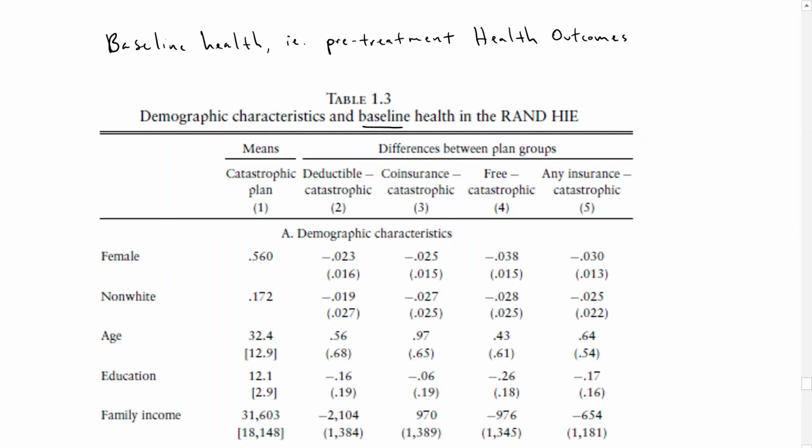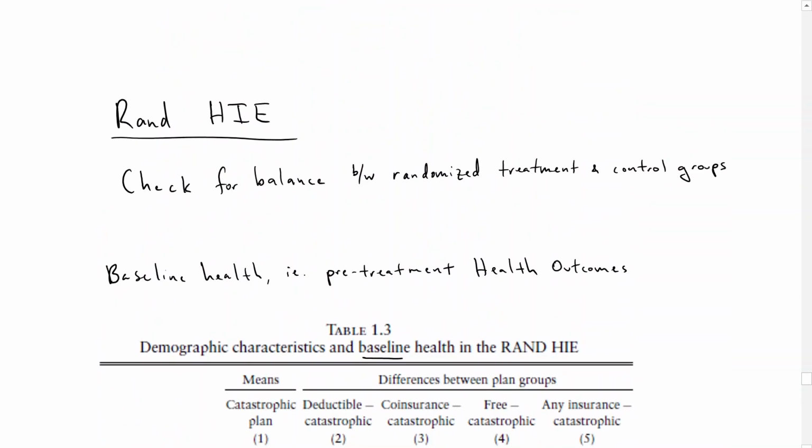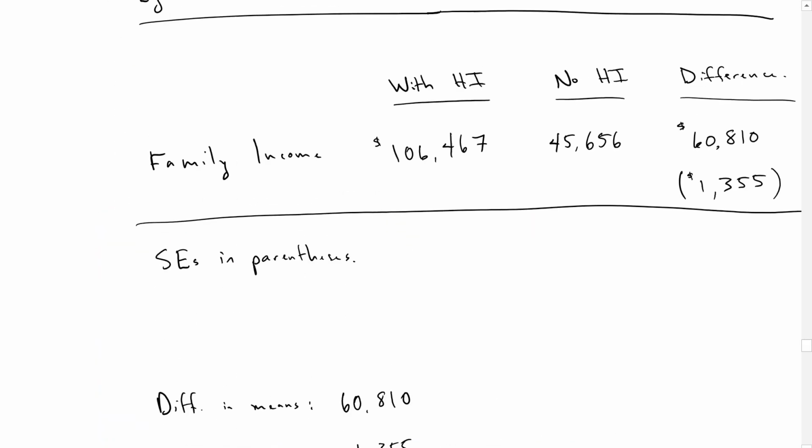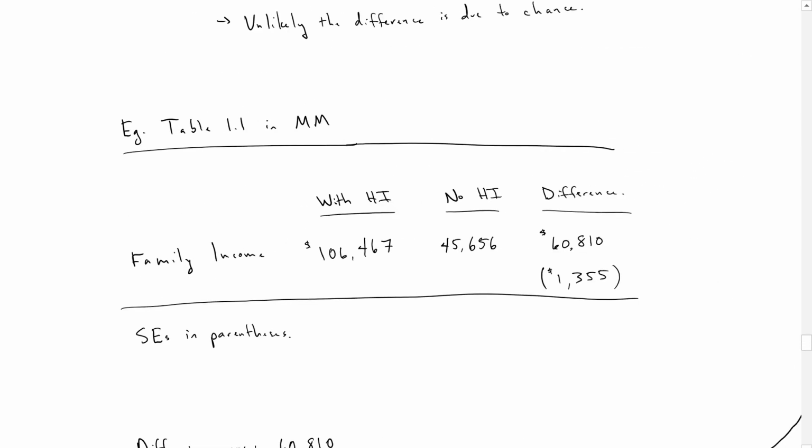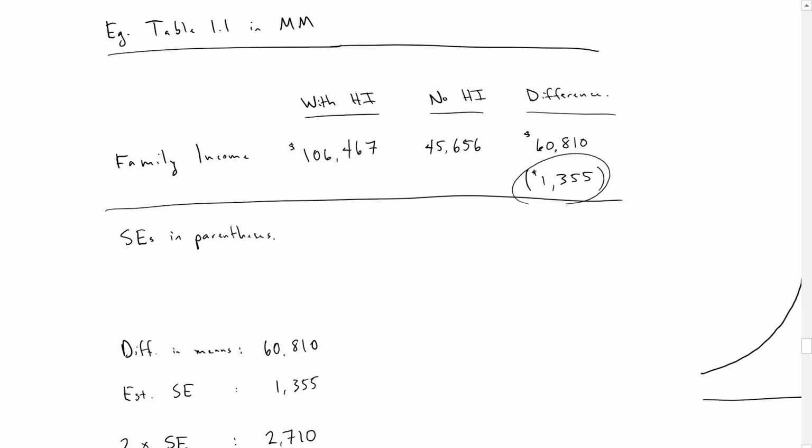And so let's take again family incomes. Remember, in our first table, table 1.1 in the book Mastering Metrics, purely observational data, no randomization, we had a difference in the mean family income between groups of $60,000, with only a $1,355 standard error, and 2 times that standard error is not even close to the difference.